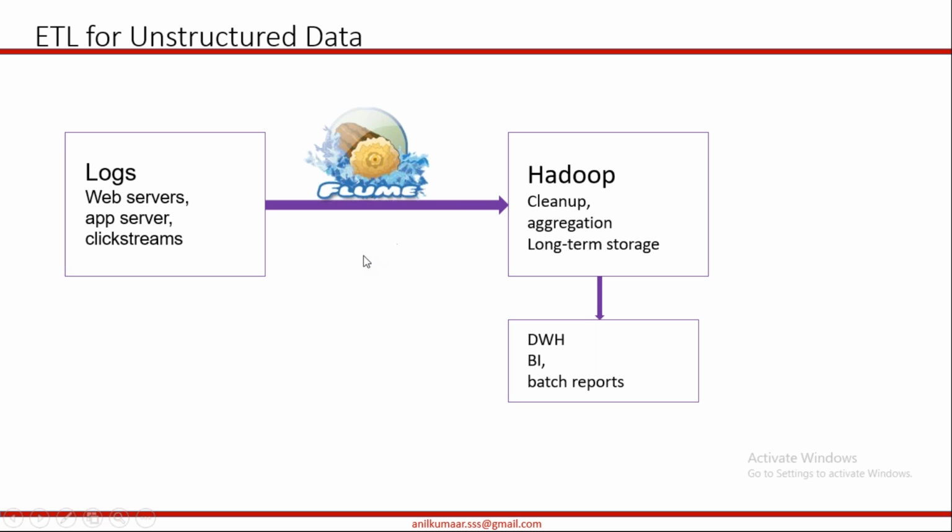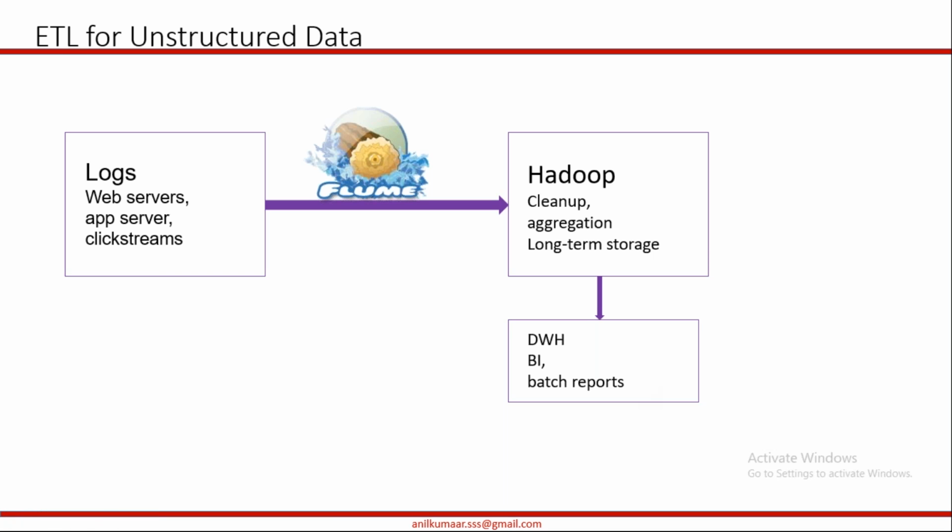PIG is not meant to stream data. For streaming, you have to use a tool called Flume. Once you have streamed the data to Hadoop, for the cleaning or aggregation jobs, you'll be using Apache PIG. Finally, of course, based on your client requirement, you'll be taking that into data warehouse systems, or preparing batch reports, or dumping it into any business intelligence system.